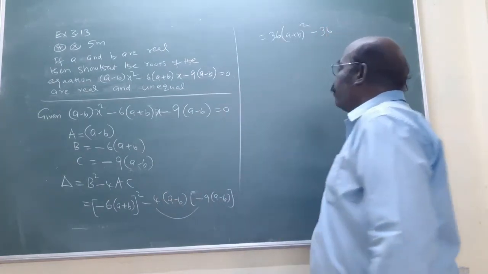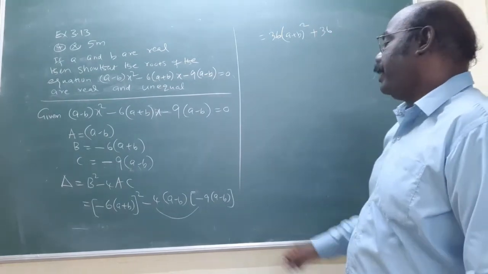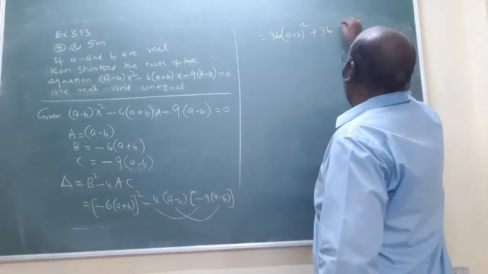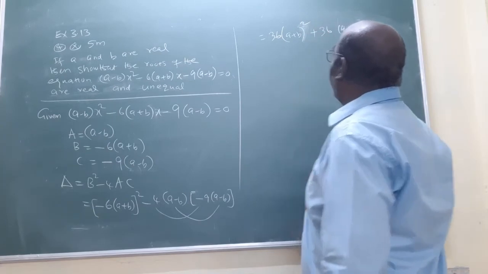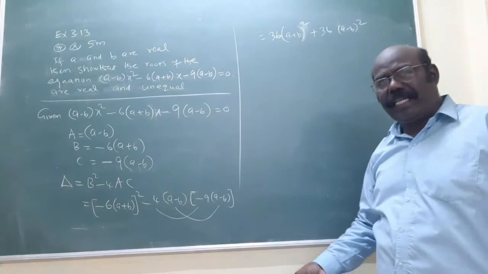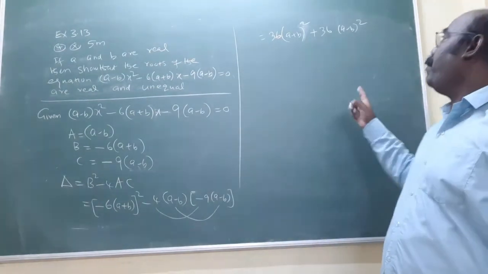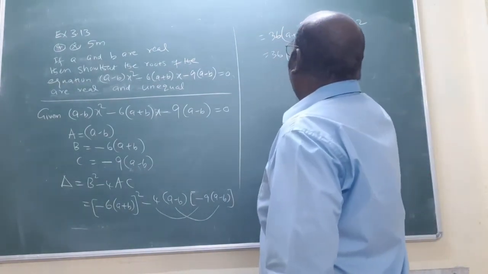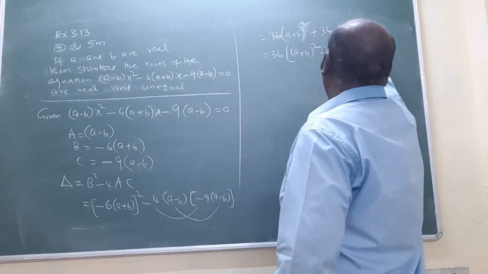Minus into minus, plus 4 nines are 36, a minus b into a minus b, a minus b whole square. Am I correct? Here minus 4, here minus 9. That's why minus into minus, plus 4 nines are 36. Already a minus b, here also a minus b, a minus b whole square. Out of these two terms, 36 is common. What is the remaining term? A plus b whole square, a minus b whole square.